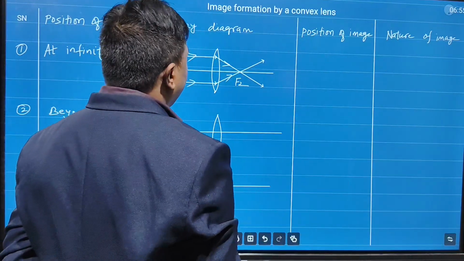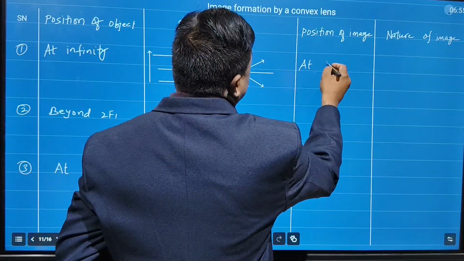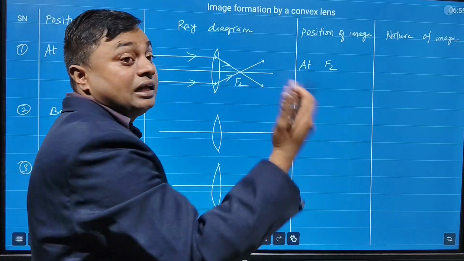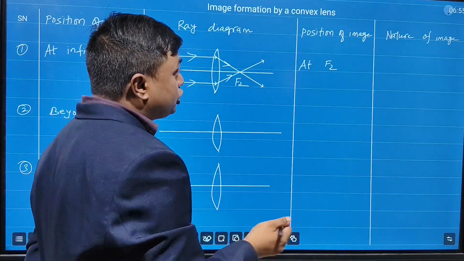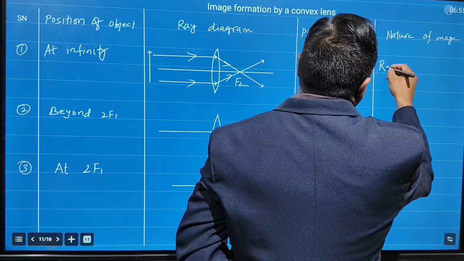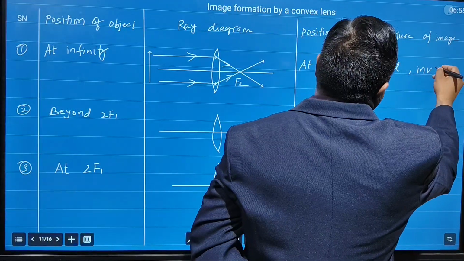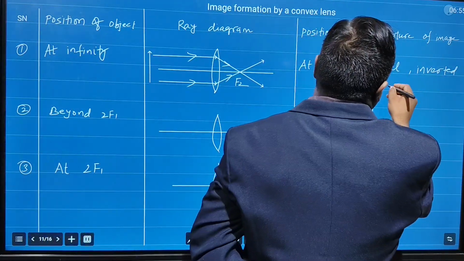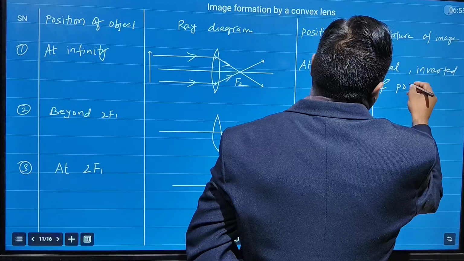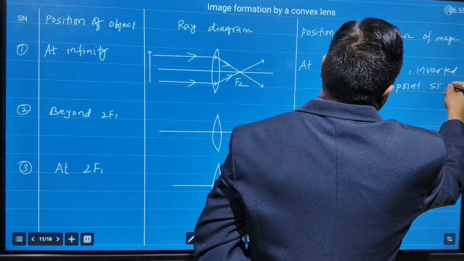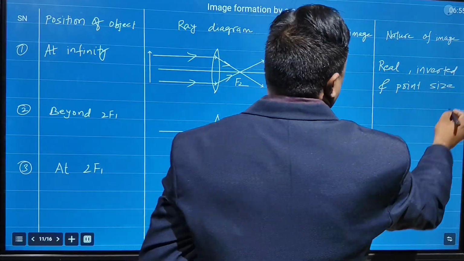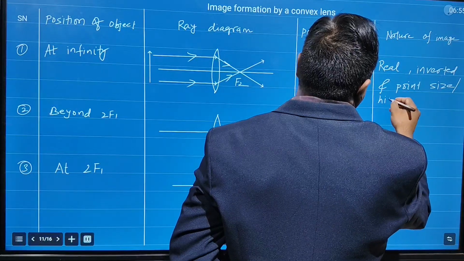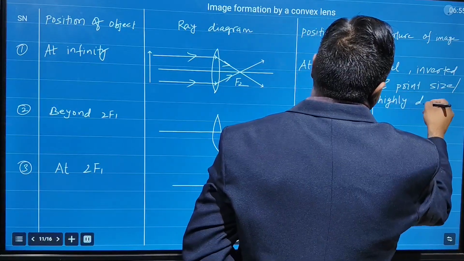So where will the image be? At the focus f2 on the other side of the lens. What will be the nature of the image? It is real, inverted and highly diminished, or we can say point size.